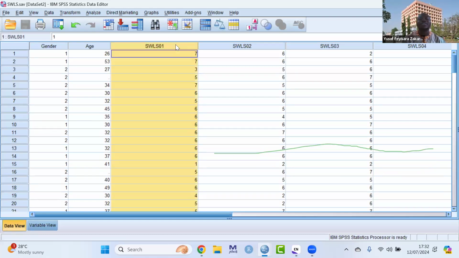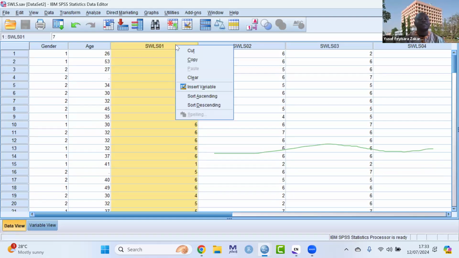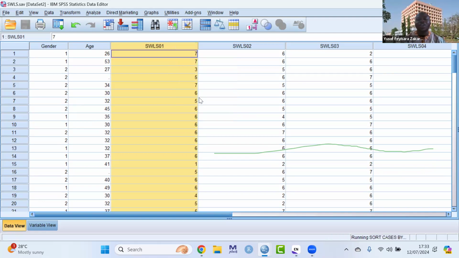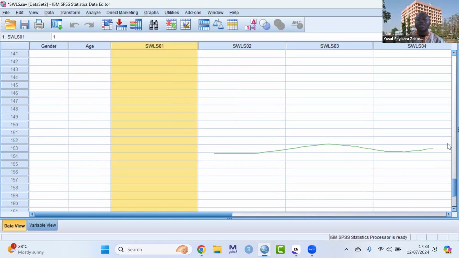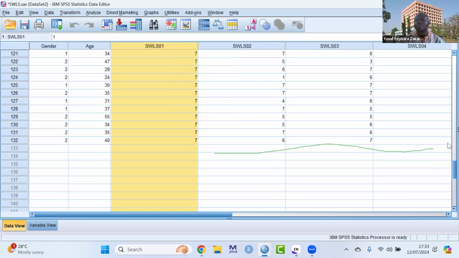But we can order it from here. You can see sort ascending or sort descending. Let me do sort ascending. Can you now see? It has arranged this from the smallest to the highest, which is 7.